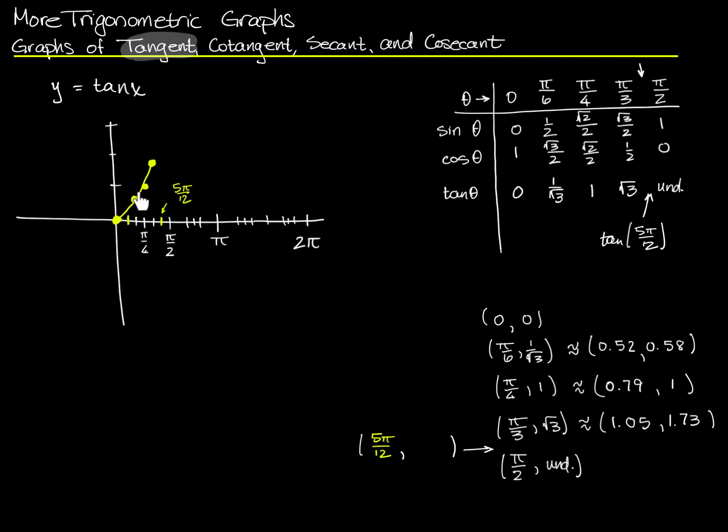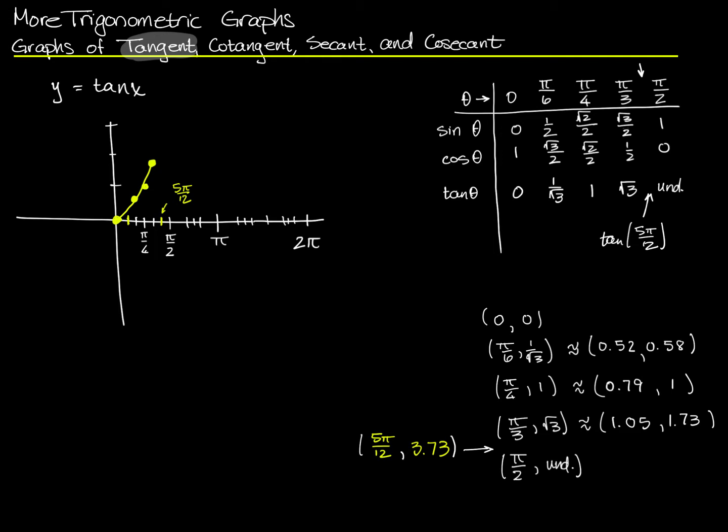Our graph seems to suggest that it's going to be up here somewhere. But let's see, the calculator tells me that the tangent of 5 pi over 12 is 3.73 to the nearest 2 decimal places. That's 3 3/4 near enough. So my point from this input value is going to be way up here at 3 3/4.